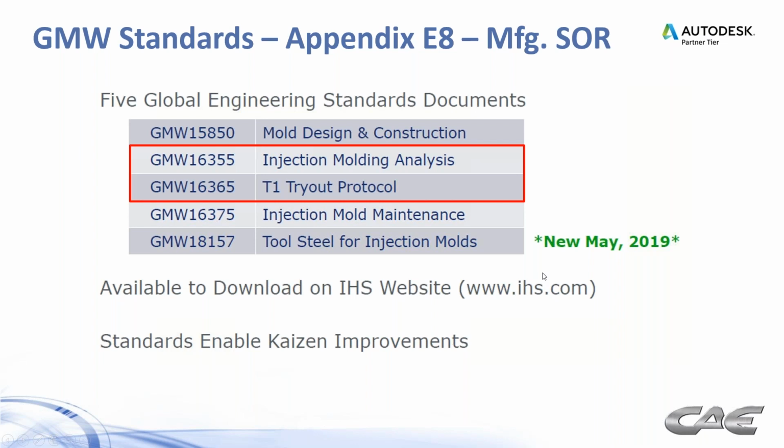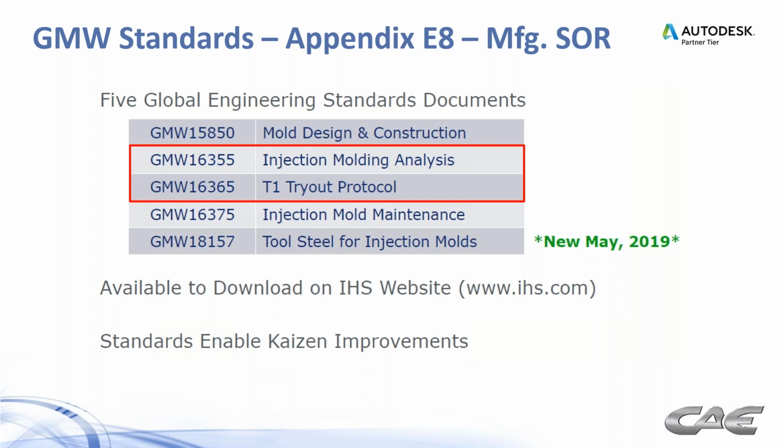This particular webinar is intended as kind of an overview to help you understand what's involved, but those documents will give you the nitty-gritty detail. And then ultimately, this is intended to enable Kaizen improvements, meaning you want to be improving over time with the realization that things may not be perfect as you start, but over time, as you learn more and more, you improve upon the standards as time goes on.